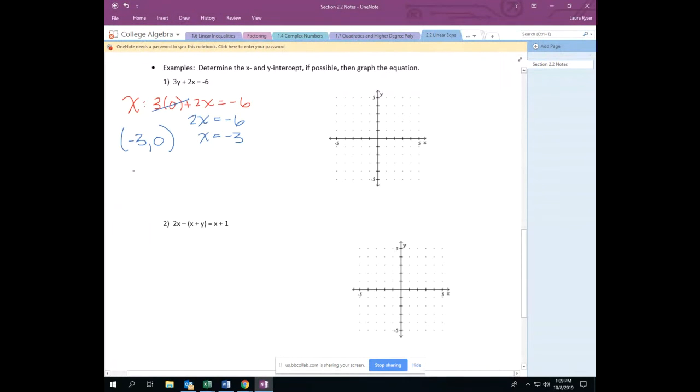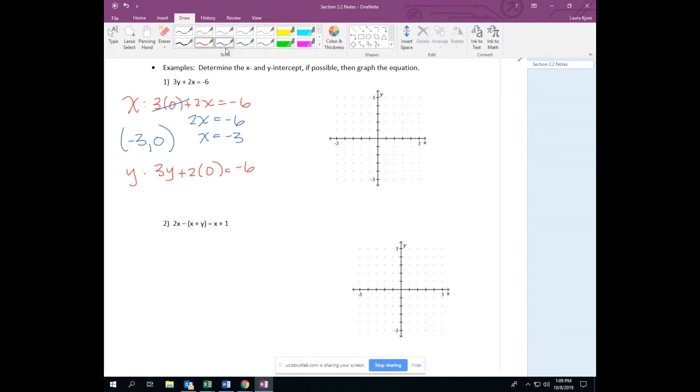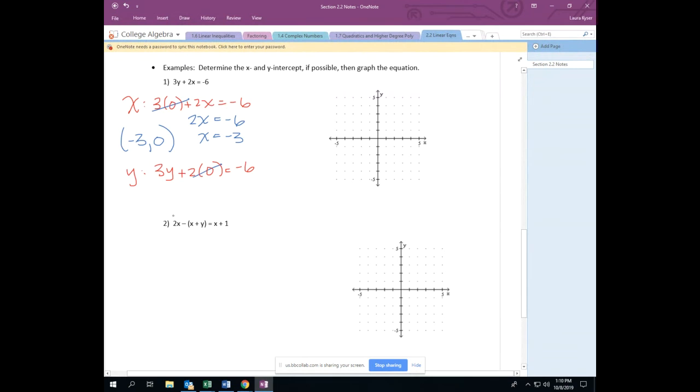We do similar work for the y-intercept. So for the y-intercept, we are going to plug in 0 for x. That will look like 3y plus 2 times 0 equals negative 6. And then this whole chunk cancels this time, leaving us with 3y equals negative 6.